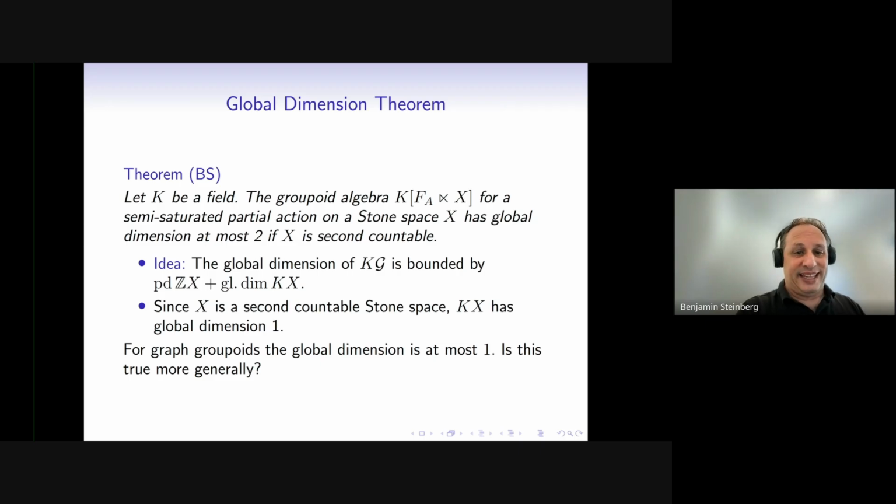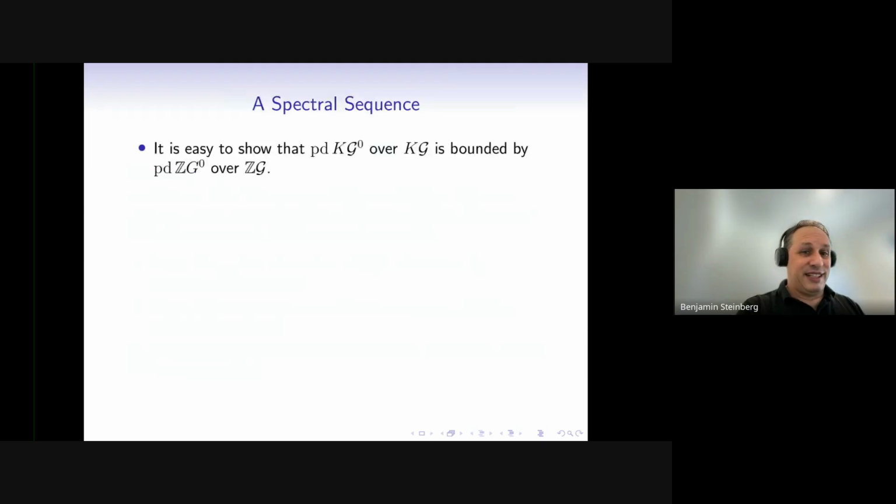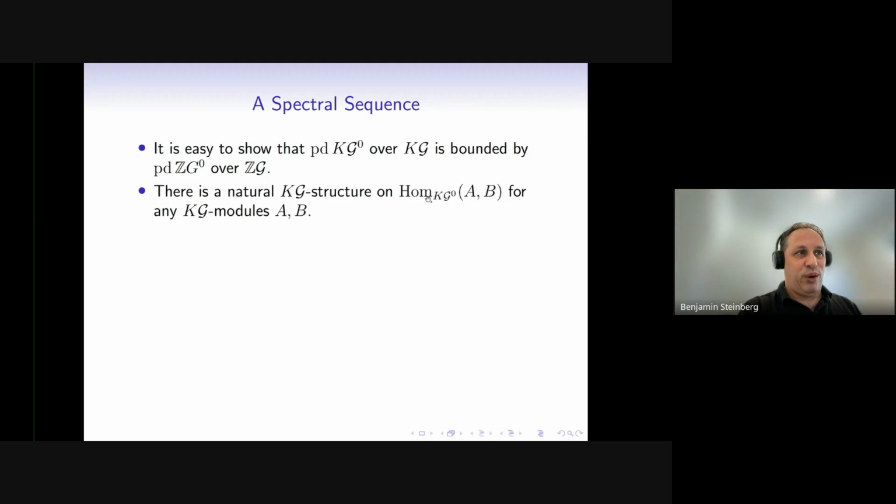The next theorem, I think, answers your question. There's a spectral sequence which controls it, in the way you're saying. First of all, you can show that when you extend the scalars from Z to K, the projective dimension does not go up. So that's the first thing that you show. And then we really work with the projective dimension of KG0. There's a natural KG module structure on Hom_{KG0}(A,B).